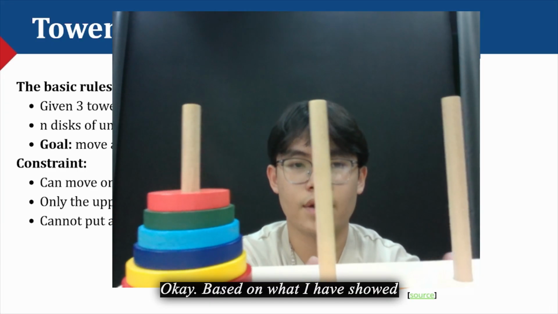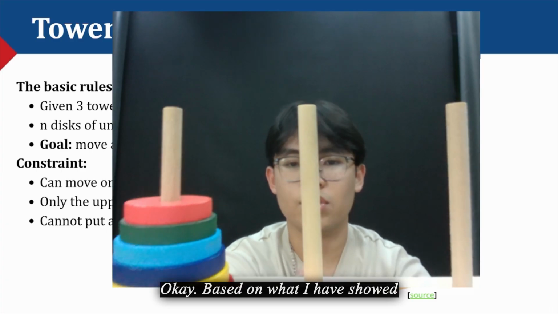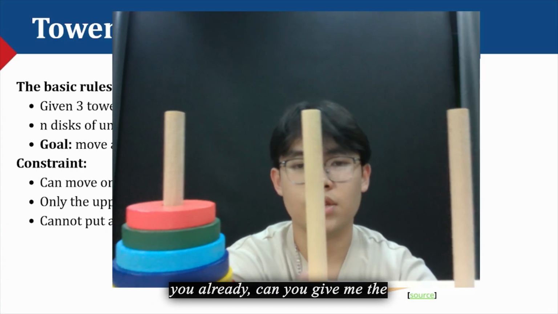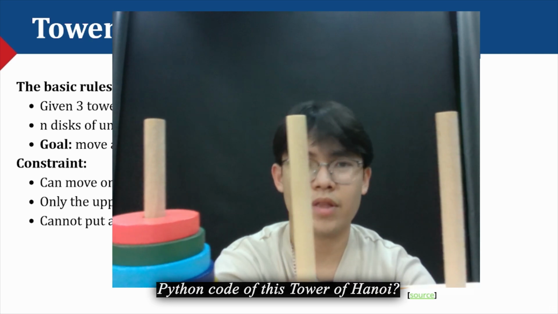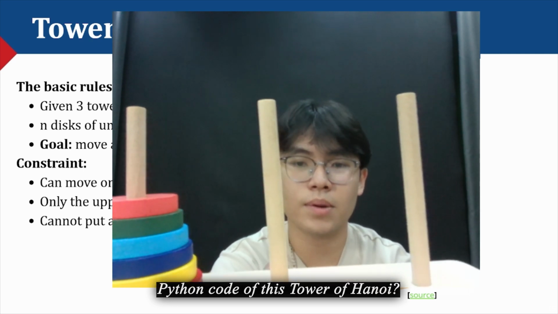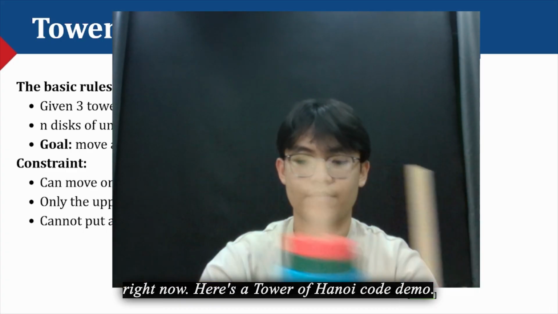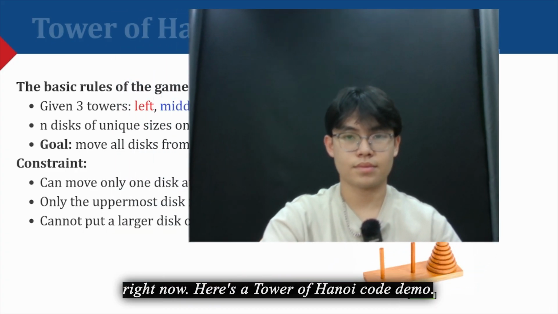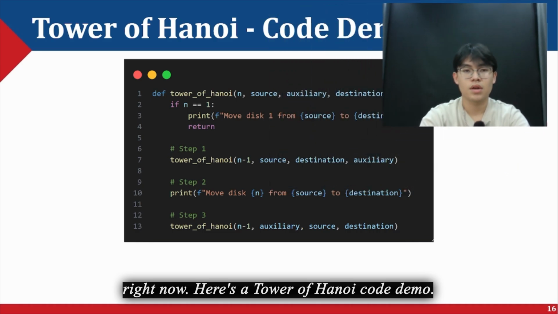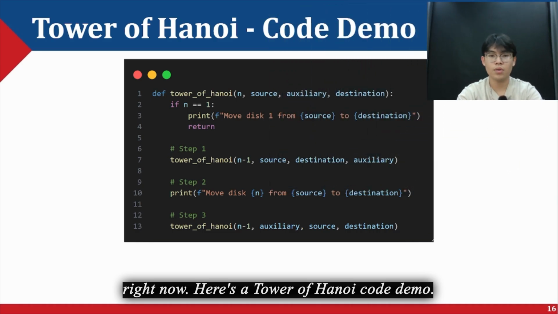Okay, and based on what I have showed you already, can you give me the code, like the Python code of this Tower of Hanoi? If you don't know, okay, I will show you right now. Here's the Tower of Hanoi code demo.